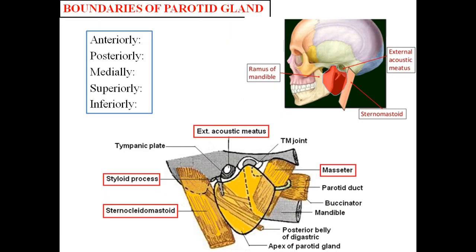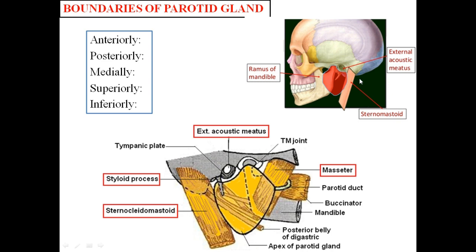The boundaries of the parotid gland: anteriorly the masseter muscle, posteriorly the sternocleidomastoid muscle, medially the styloid process, wrapping around the neck of the mandible, superiorly the external acoustic meatus, and inferiorly the upper part of the carotid triangle.